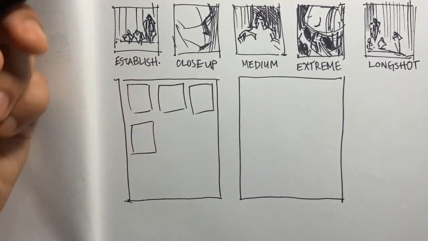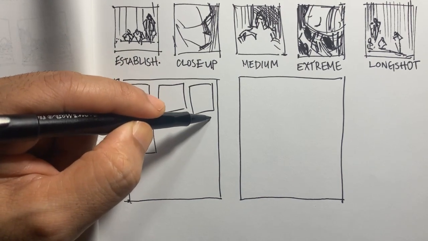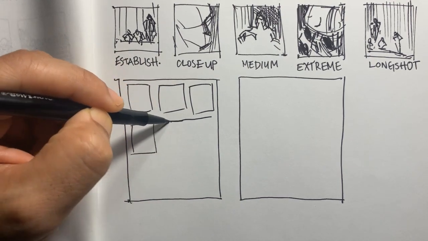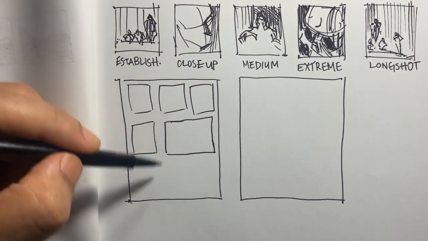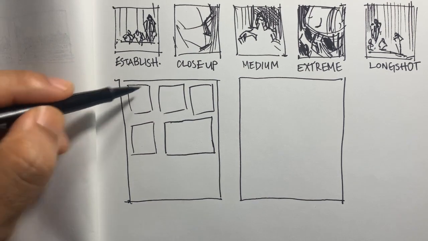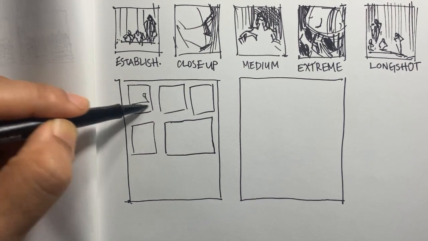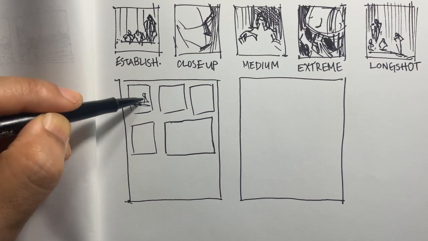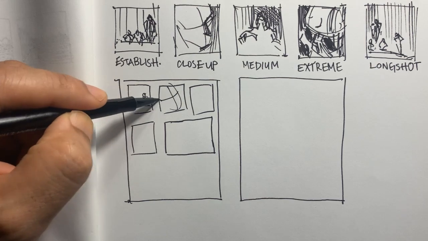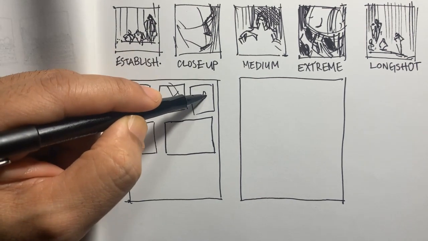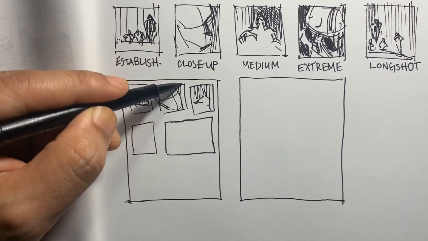And now we're going into a little bit more of the composition. Let's play around with that a little bit. So you could have your establishing shot right here. You could have the close-up, and then you could have the medium, like this.